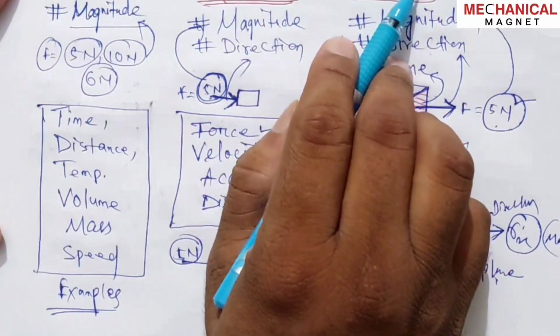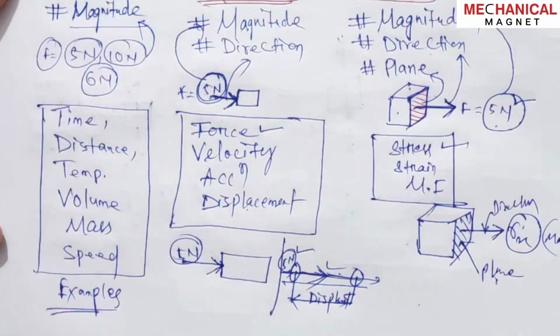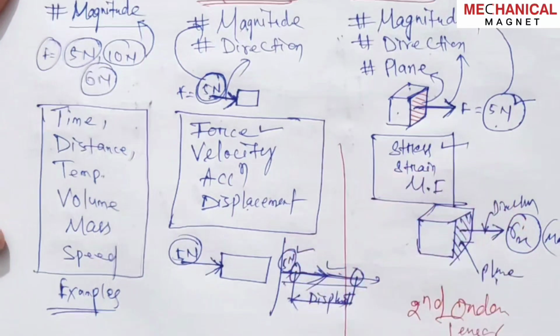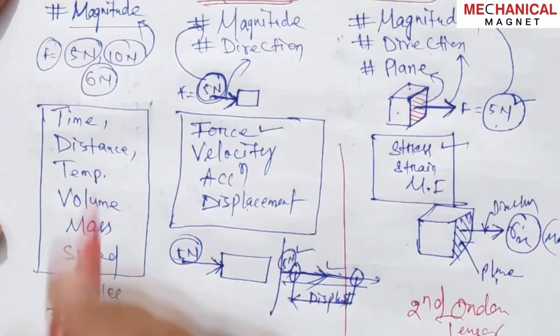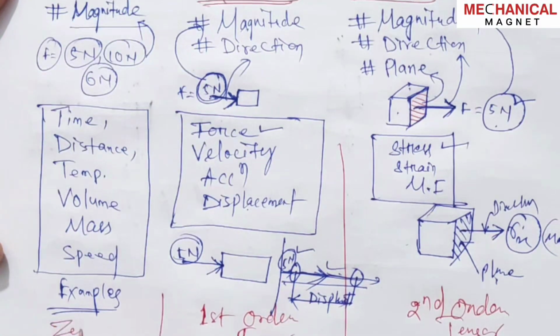Tensor quantity, we can say, is known as the second order tensor. For vector quantity, this is known as a first order tensor, and for scalar quantity, this is known as a zeroth order tensor.